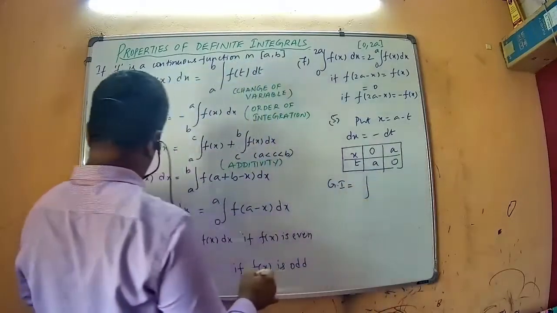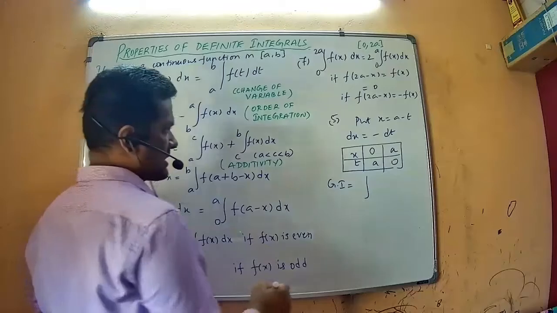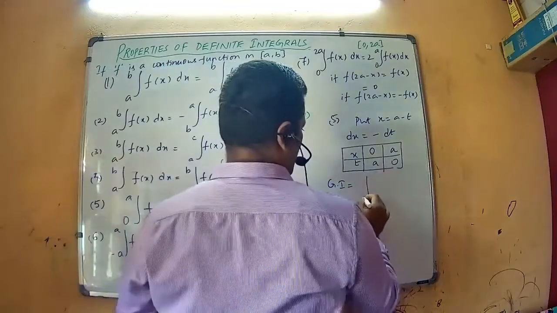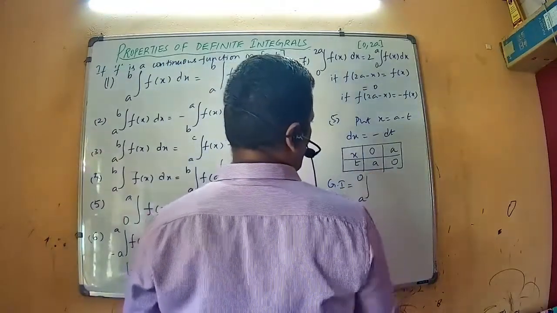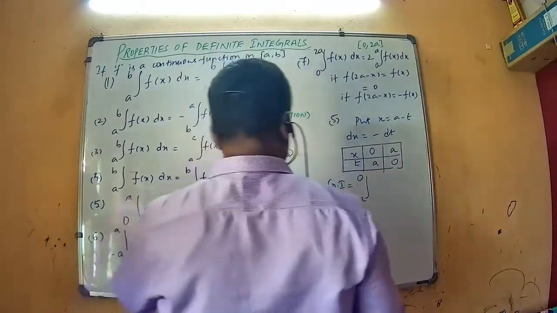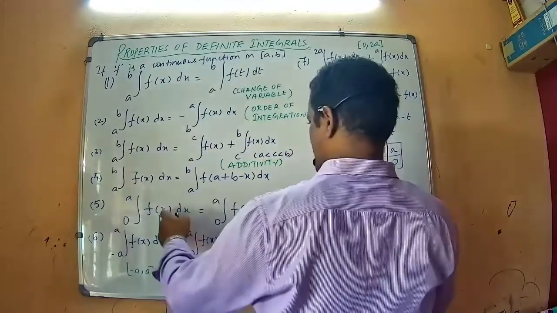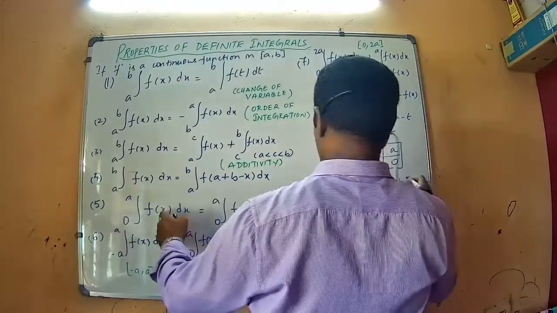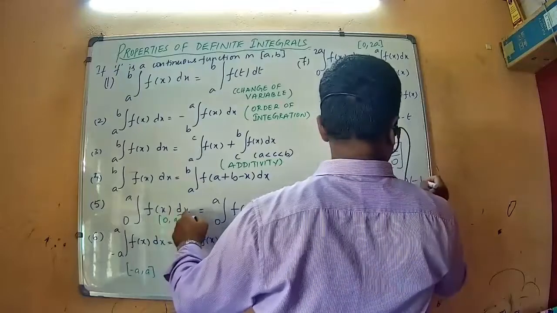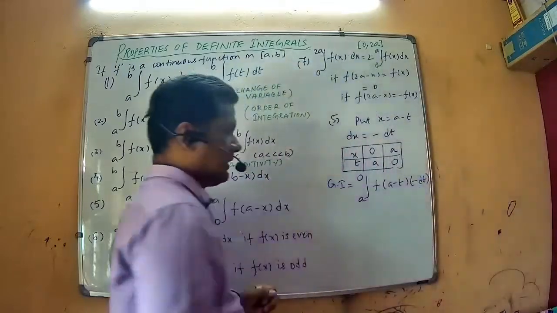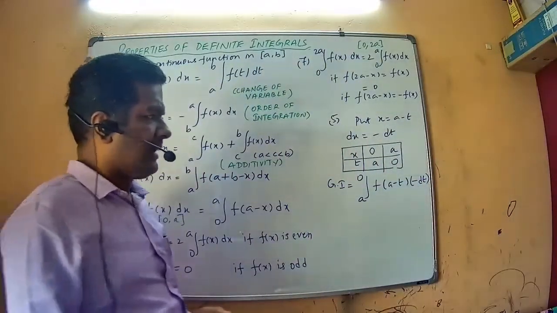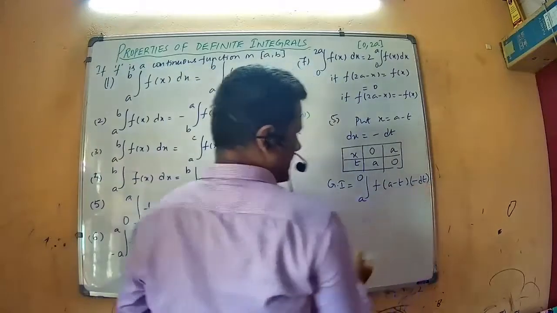The integral from 0 to a of f(x) dx will become the integral from a to 0 of f(a minus t), with dx meaning minus dt. First of all, here a minus is there.